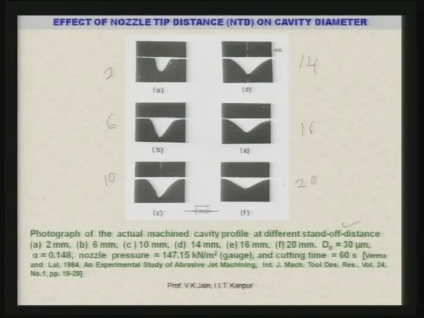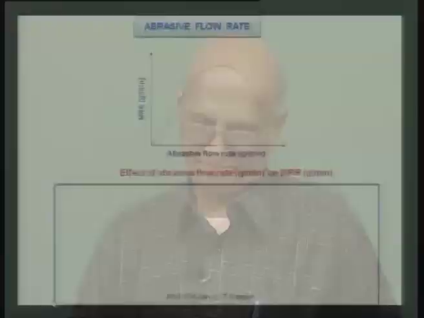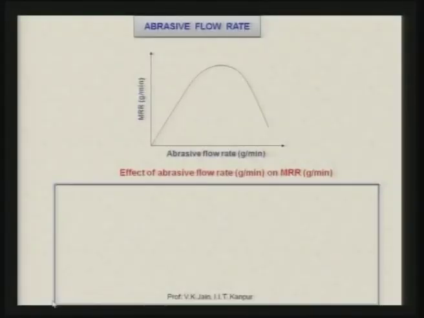Compare the width of the cavity in case of A and in case of F. There is a substantial difference in the shape and size of the cavity. So, as the standoff distance keeps increasing, the shape and size of the cavity also keep changing.